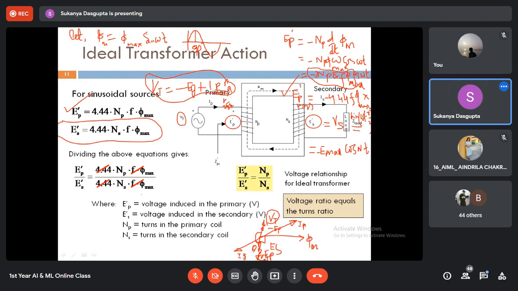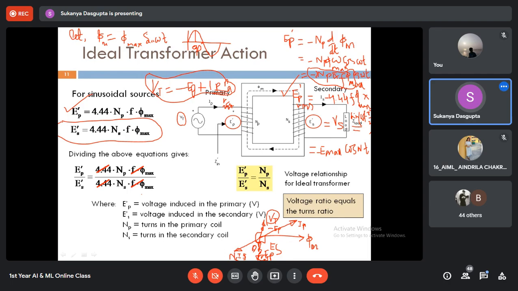Okay. Now, if this is Vs, and if the load is lagging type, then definitely Is will be lagging by this Vs. Right? And since this is an ideal transformer, the total ampere turns at the secondary side, that is NS times Is.